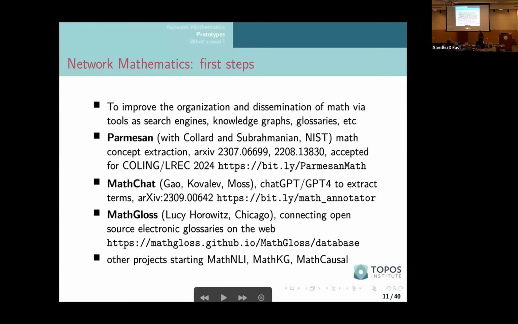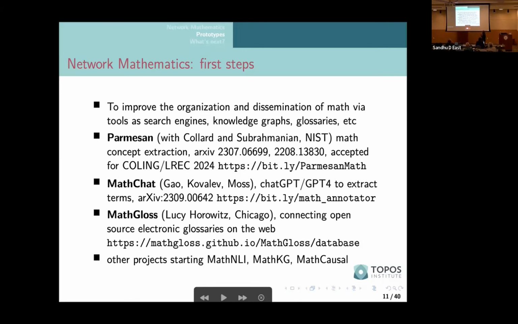All this work that I'm talking to you about is in this very interdisciplinary mixture of 3 things: mathematics, AI, and computing, with the semantic web and the other kinds of AI that are traditional.